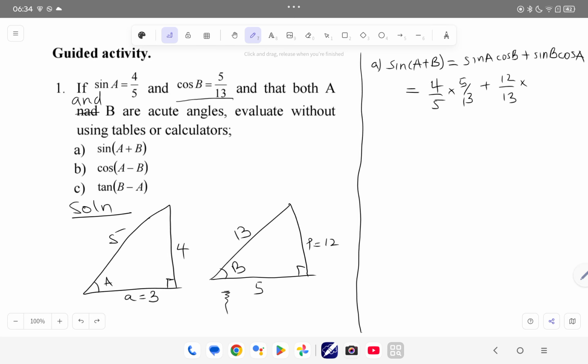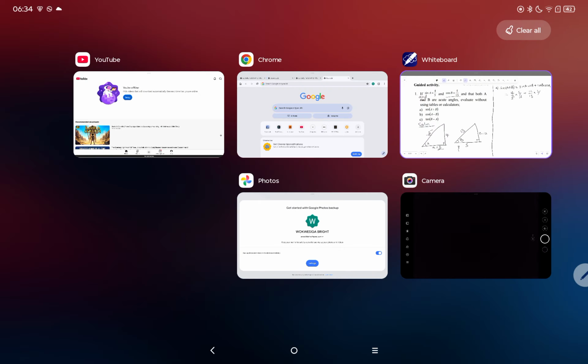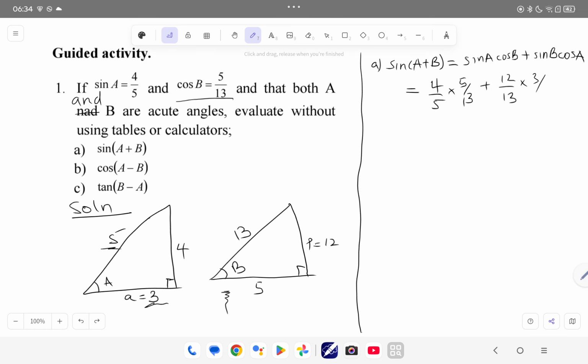Then cos A is adjacent over hypotenuse, 3 out of 5. This will be 20 out of 65 plus 36 out of 65. This will give us 56 out of 65.